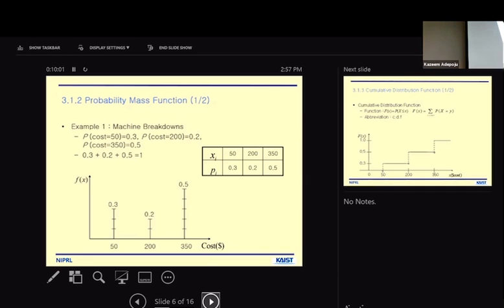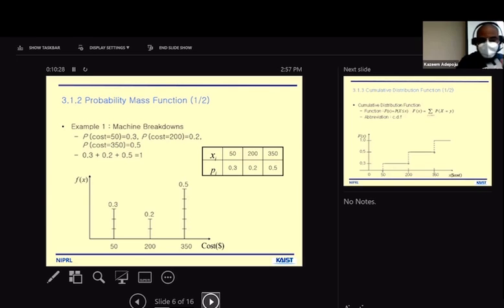When you plot the probability against the random variable, this is what you get. This is a probability mass function plot. If you take a look at what I have, it means the probability that the cost is equal to 50 is 0.3. I'm just trying to interpret what I have in the box.